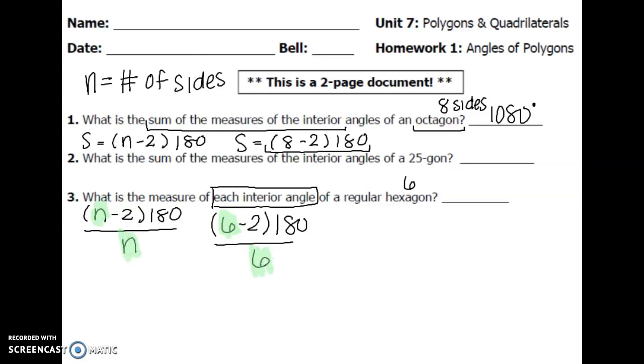You should be doing this in 2 steps, so I do want you to put this into the calculator first. After you press enter, then I want you to divide by the number of sides. Do that in 2 steps because doing it all at once gets a little bit tricky. But at the end of the day, you are going to have an answer of 120 degrees.